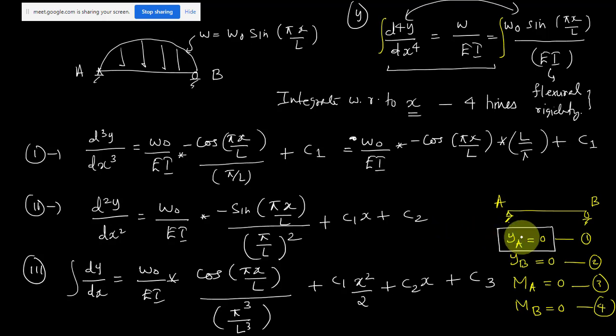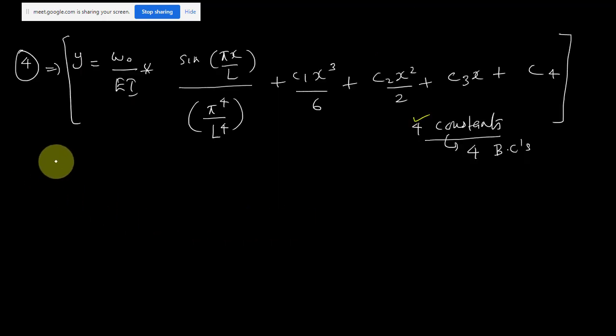First I apply the first boundary condition, that is deflection at A equal to 0. What is the point A? It is your coordinate x, y. So the deflection at A is equal to 0, which means at x equal to 0, the value of y is 0.